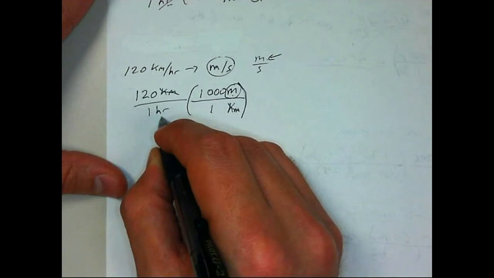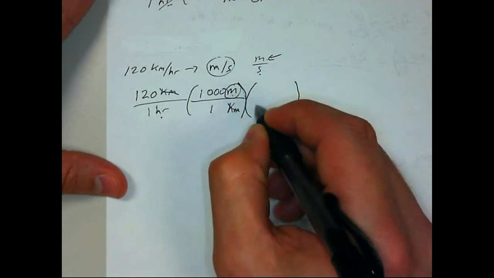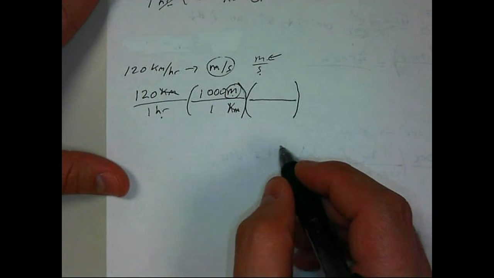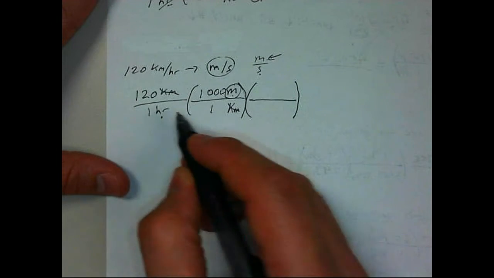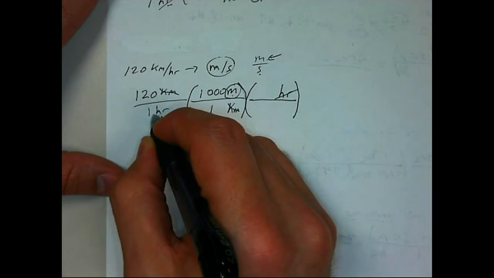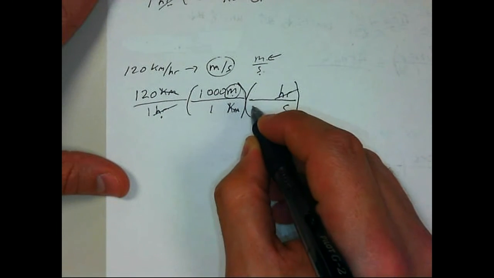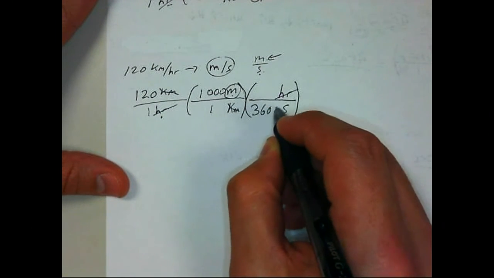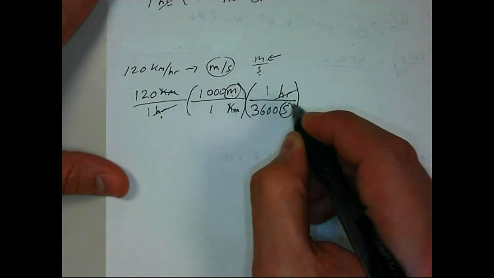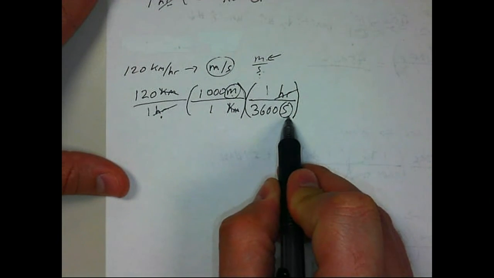We got to deal with hours now. We don't want hours, we want seconds. Another unit conversion factor. Hours is now on the bottom, so we have to put it on the top to cancel. Juxtaposed, top and bottom, they cancel out. We want to go to seconds. As we did before, there are 3,600 seconds in 1 hour. Seconds is on the bottom. That's what we want. We want meters per second.